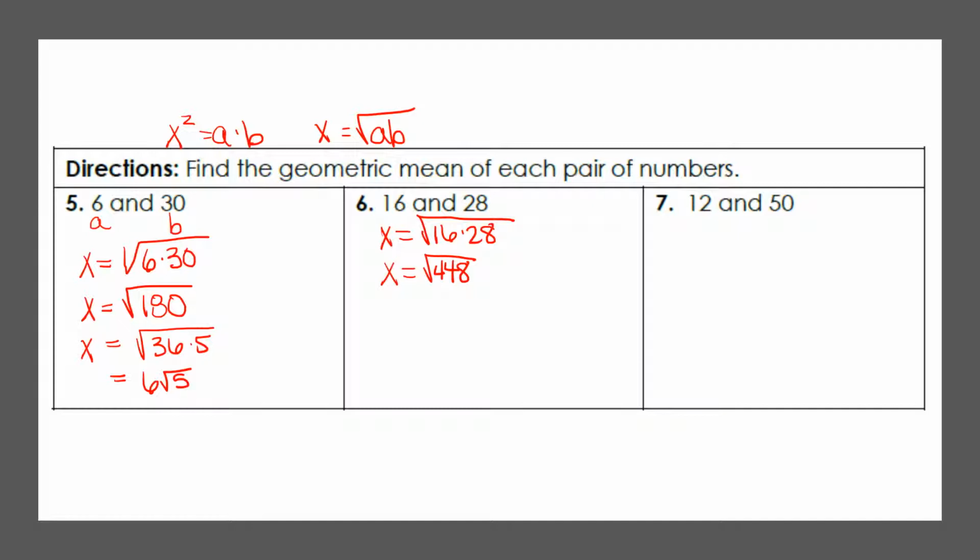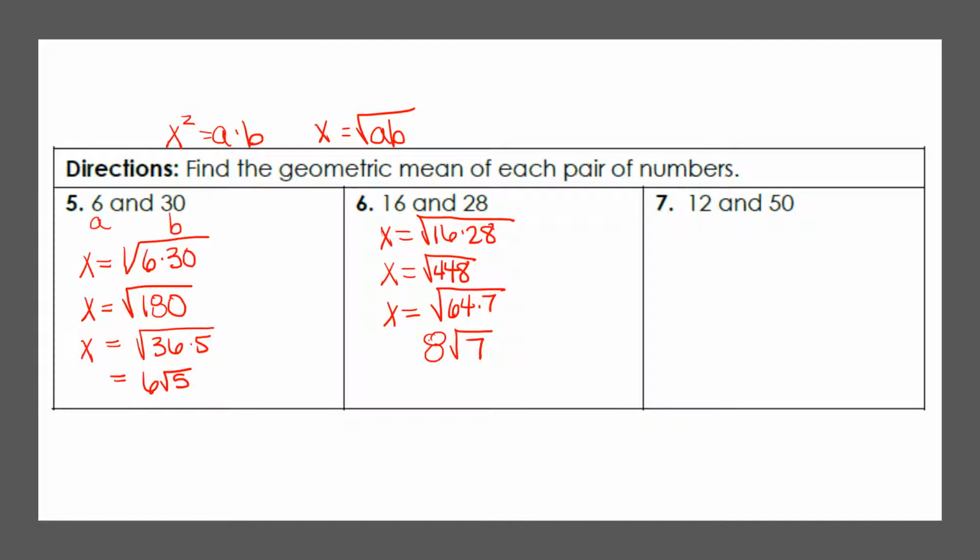I know I can take out a 64, so 448 divided by 64 leaves me with 7. So I'm going to break this down to be the square root of 64 times 7, and the square root of 64 is 8, so it's 8 radical 7.